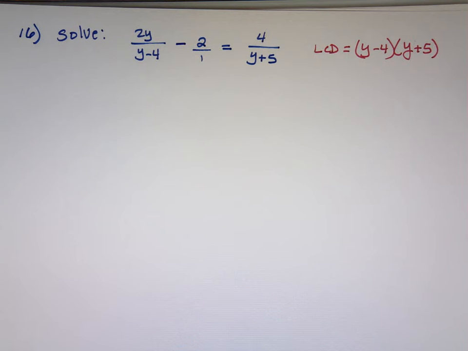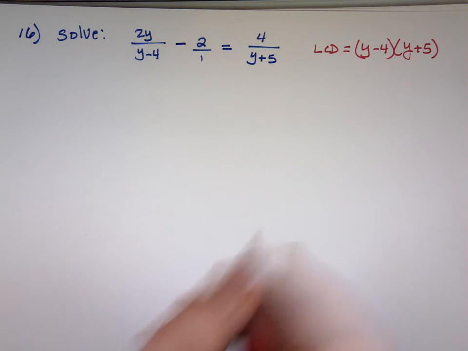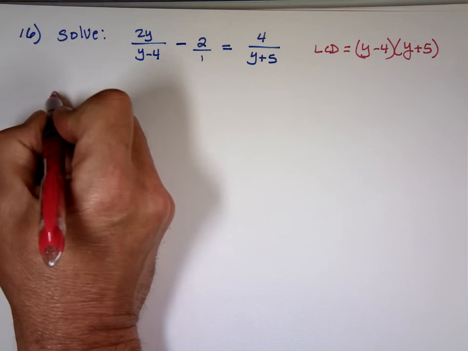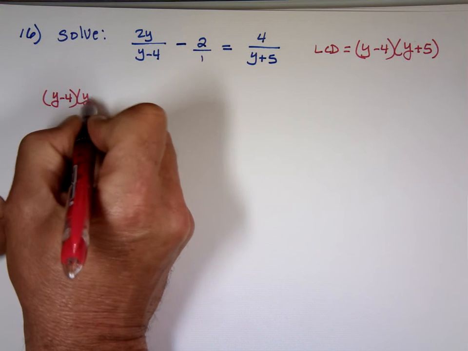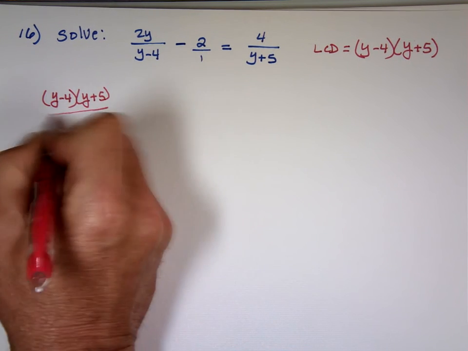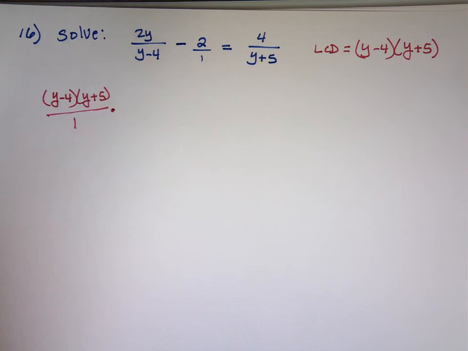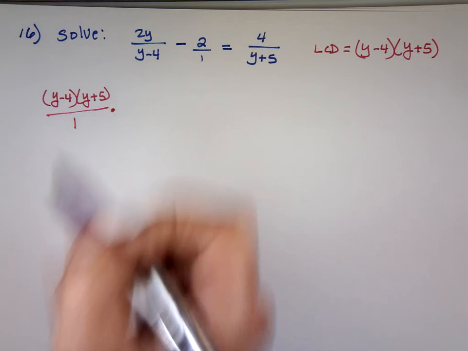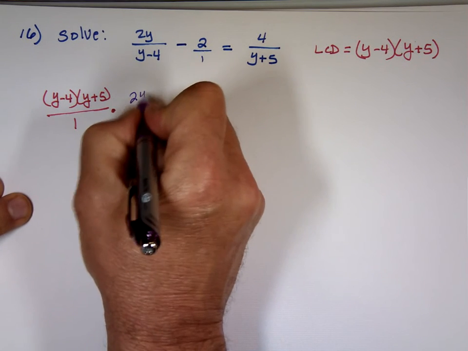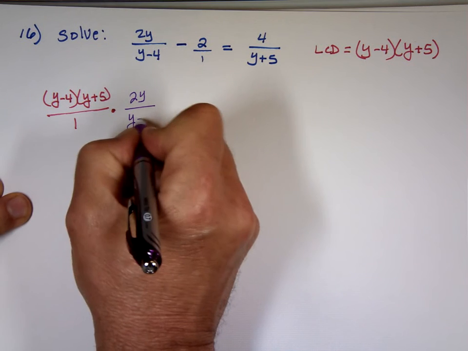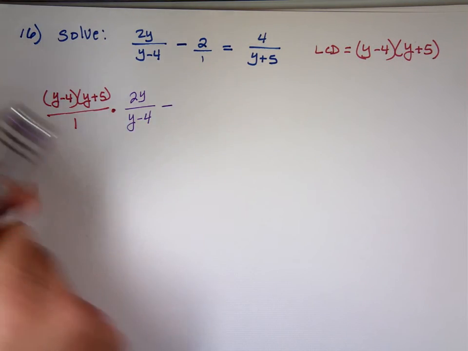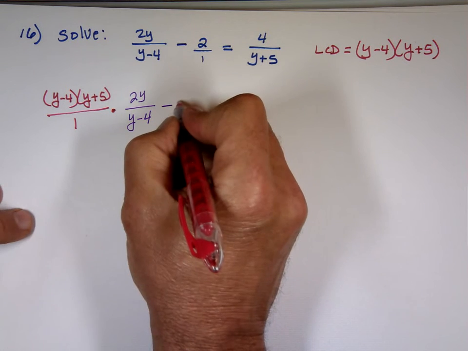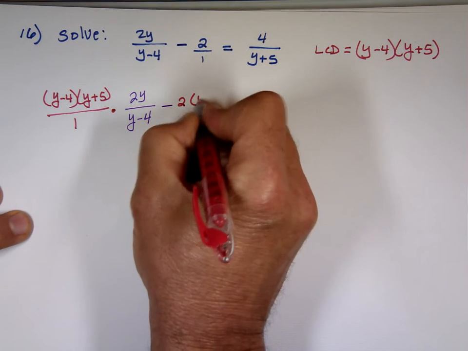So I'm going to multiply every one of these terms by the LCD. Here's the 2 here. I'm going to multiply it by y minus 4, y plus 5.